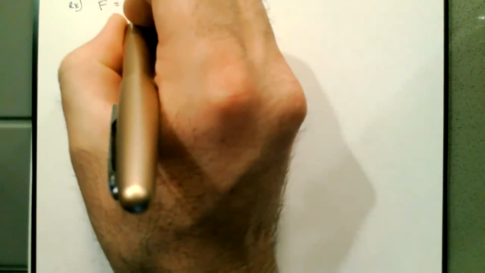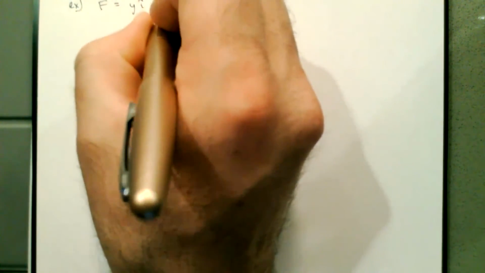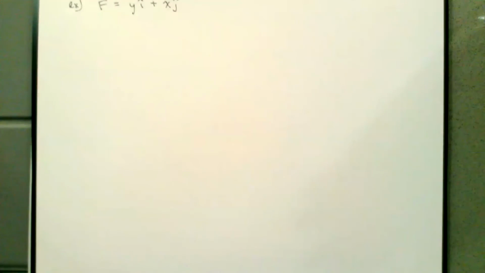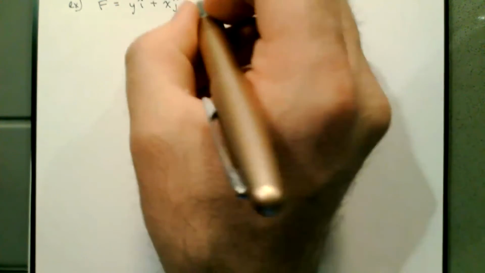Let's take another example. So I need a vector field. And I need, let's see, and I need a curve.